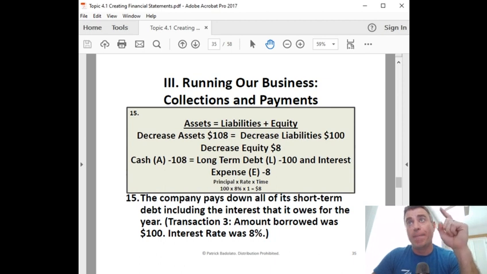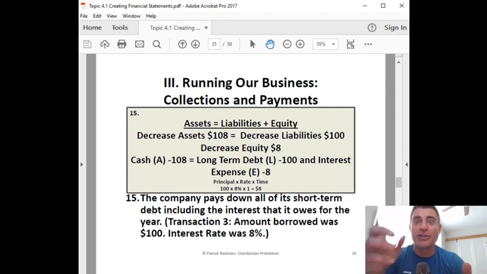My long-term debt, that's a mistake there. It should be short-term debt. I guess I didn't fix that when I was covering it, but my short-term debt is going to go down by $100. It's right in my Excel, it's just not right on the slide. And the transaction does talk about short-term debt. My short-term debt goes down by 100, and my interest expense is going to be recognized as an expense. That's going to decrease my equity by $8.